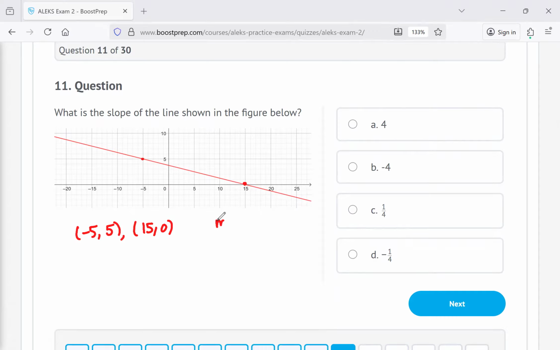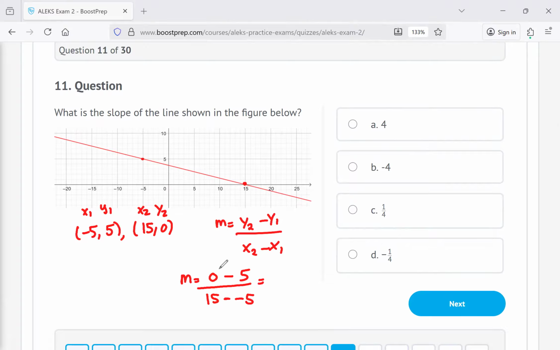Then what I'm going to do is use the slope formula, which is y2 minus y1 over x2 minus x1. So here's my x1, here's my y1, here's my x2, here's my y2. So m is y2, which is 0, minus my y1, which is 5, over my x2, which is 15, minus my x1, which is -5.